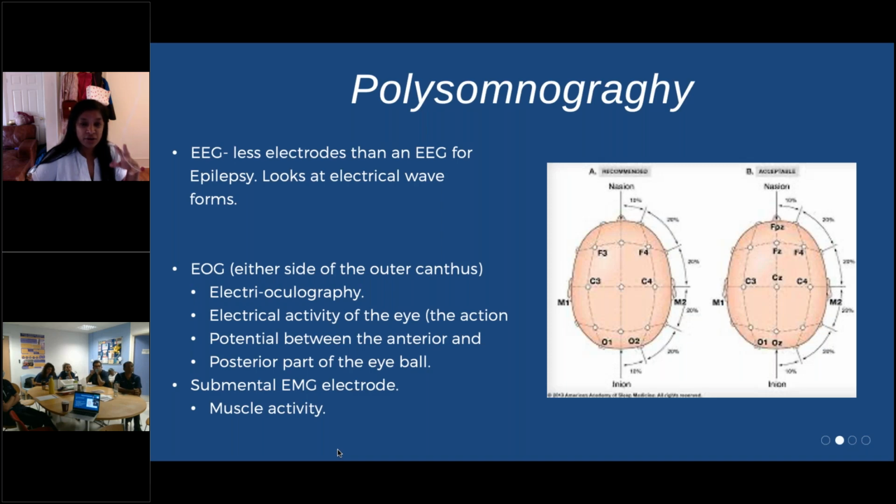It's electrooculography, and ophthalmologists use this in very complex ways, but for the purpose of a polysomnograph, this is going to look for REM sleep. And then you have a submental EMG, but you may have EMG probes elsewhere on the body, and this is looking at muscle activity. So a polysomnograph will look at sleep, eye movement, and muscle movement. Next slide.